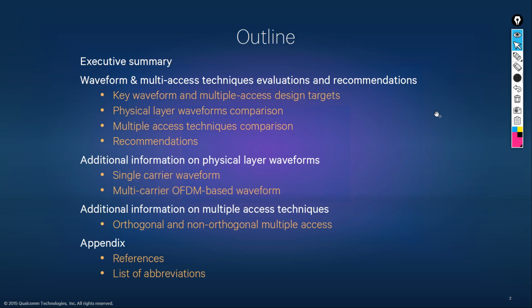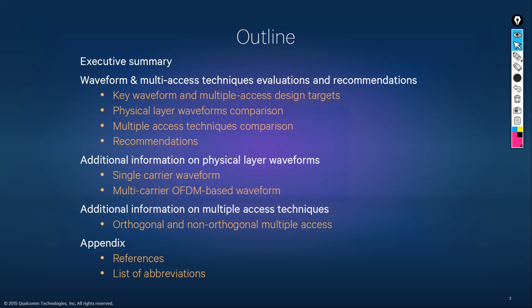So the outline of this is going to be structured as follows. First, we'll give you a summary of the things that have been decided regarding 5G. Then we'll discuss waveforms and multiple access techniques evaluation and recommendation, the key waveforms, physical layer waveforms comparison, multiple access techniques comparison and recommendation, and then additional information on physical layer waveforms, how to design them, the transmitter and receiver, single carrier waveform, and multi-carrier OFDM-based waveform.